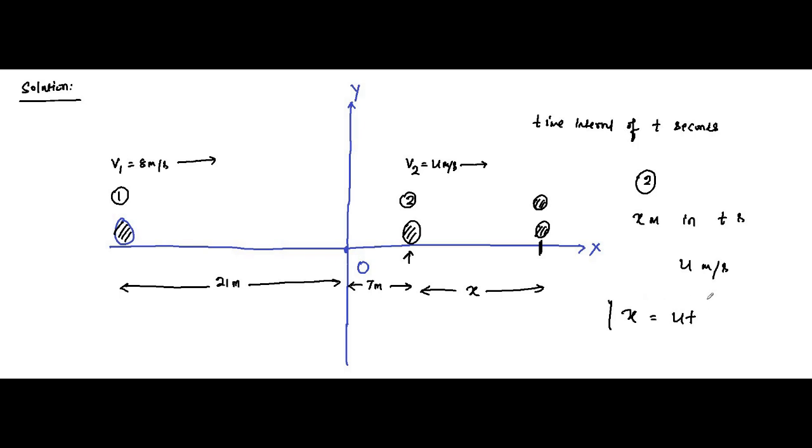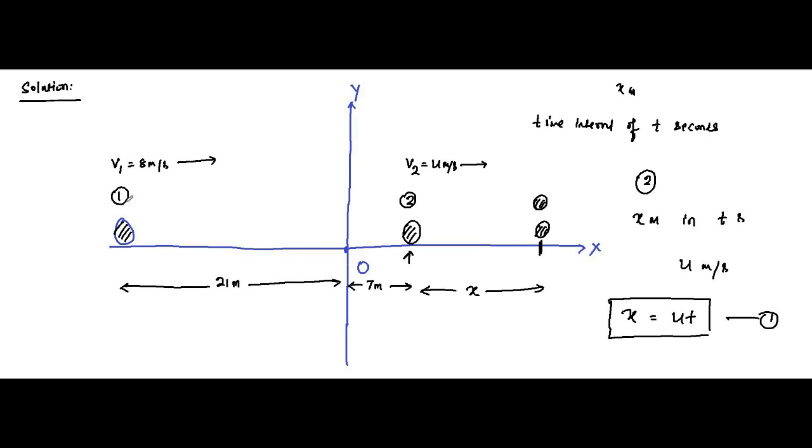This is very important. We have assumed that both of them met at a gap of x meters from the initial position of particle 2 after t seconds. So in those t seconds, particle 2 covered 4t, which is equal to x. This is a very important equation.